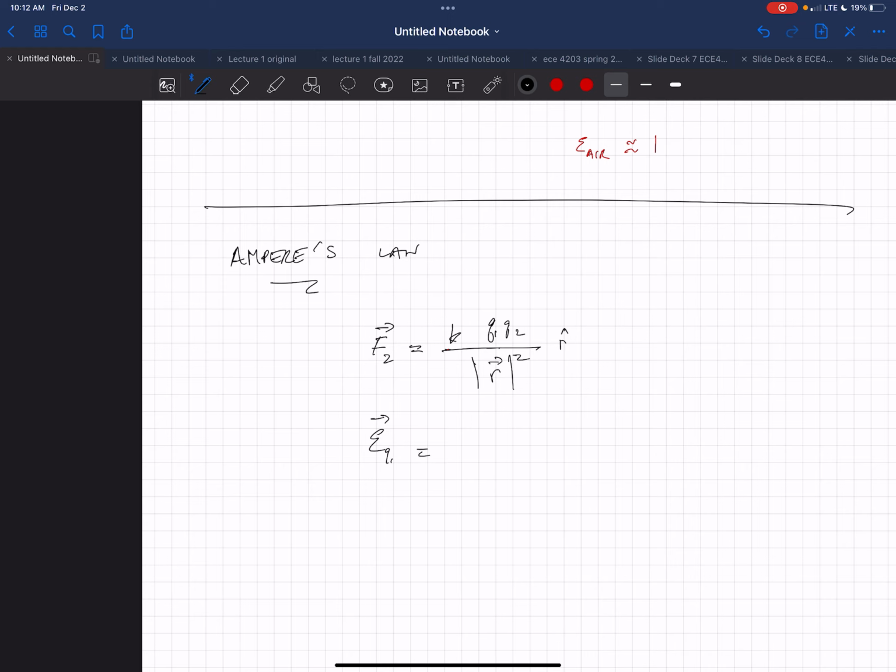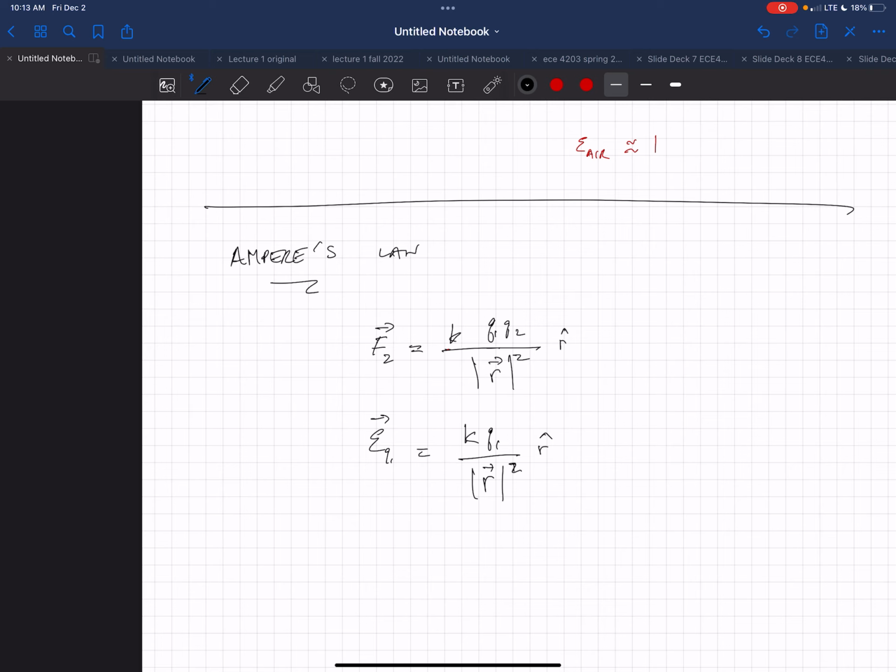I'm going to take Q2 out of this equation, so I'm just going to have kQ1 over the vector r squared times r hat. I'm going to define that for everywhere in space. Notice I took Q2 out of this equation, so I could bring in Q3, Q4, anything into this field, and I can just assume that that field is existing even before I bring in a Q2.